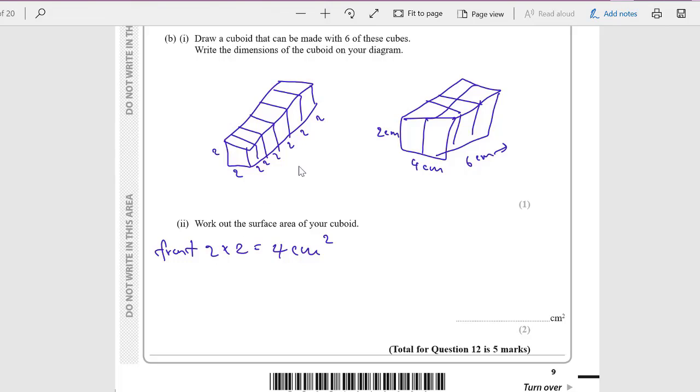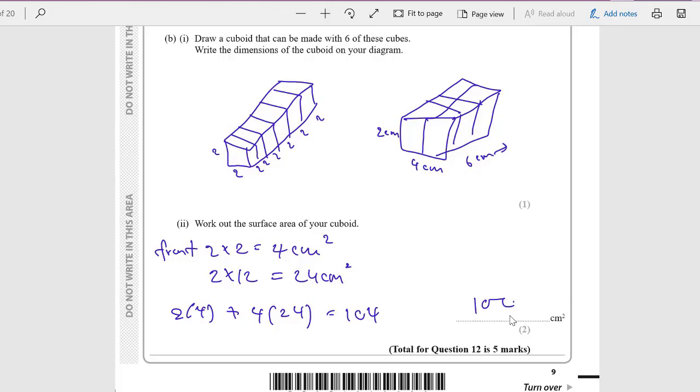The side is 12 and 2. So let's do 2 times 12, 24 centimeters squared. So 2 times 4 plus 4, because there's 1, 2, 3, 4. 104.